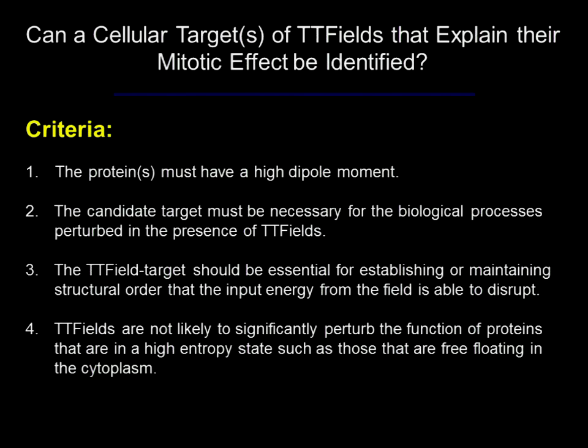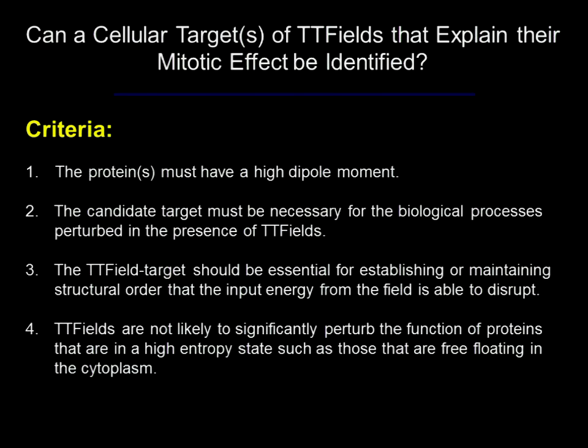So we looked at the criteria for the target of the TTFields, and we figured it has to be a protein that has a high dipole moment, obviously. The candidate has to be involved in a biological process that is perturbed by the TTFields, and what we determined in these previous experiments is that the TTFields cause ectopic furrow production. These are what are commonly referred to as mitotic blebs, not apoptotic blebs.